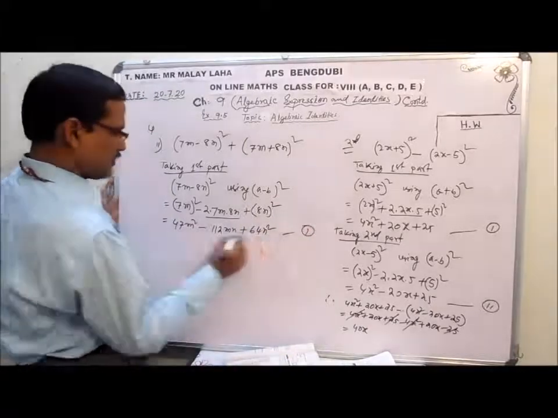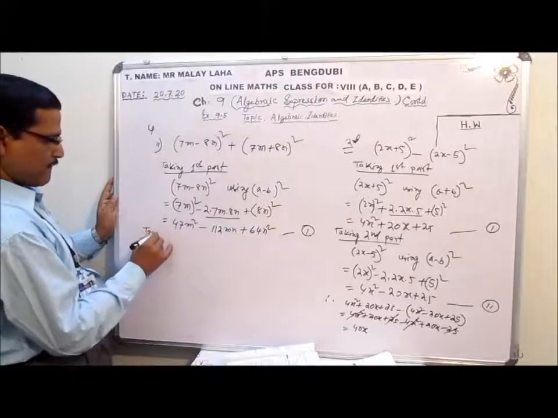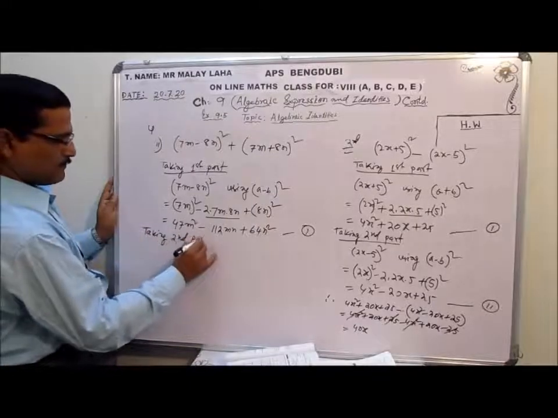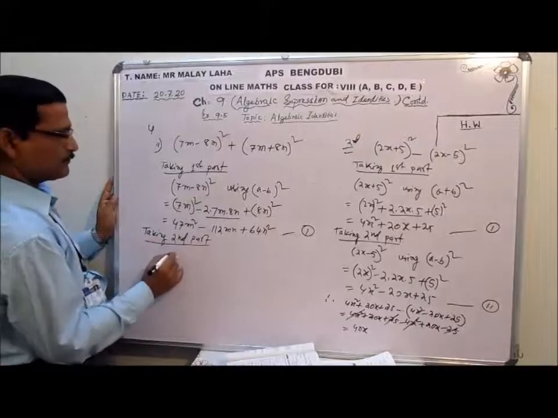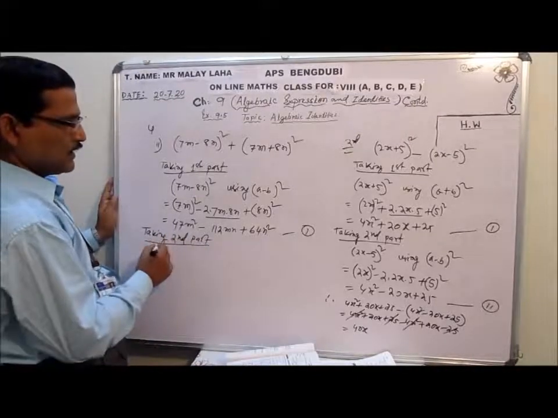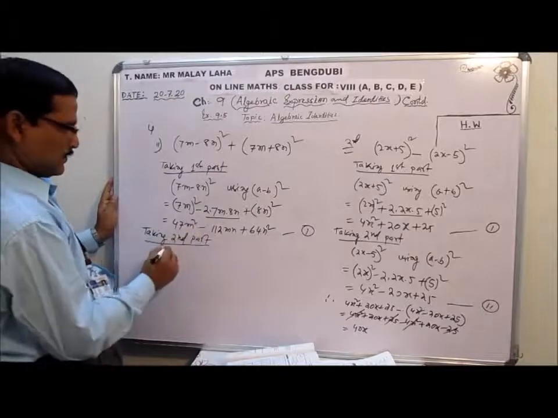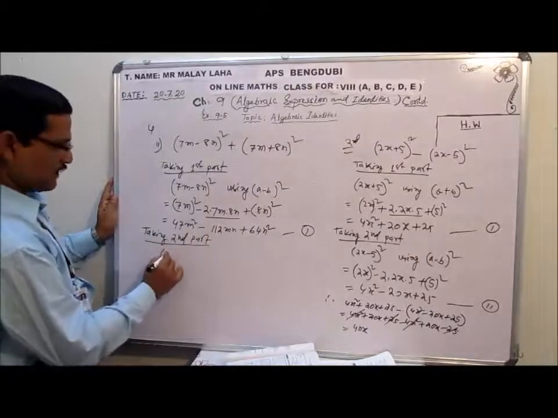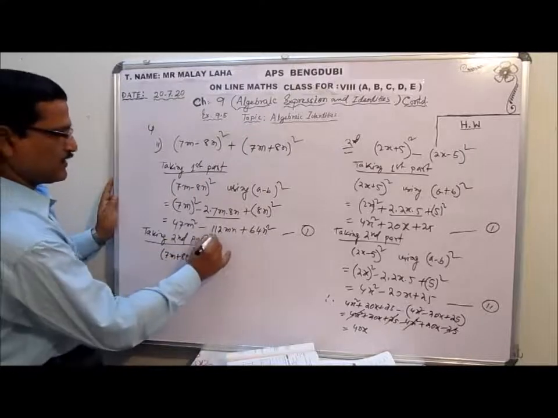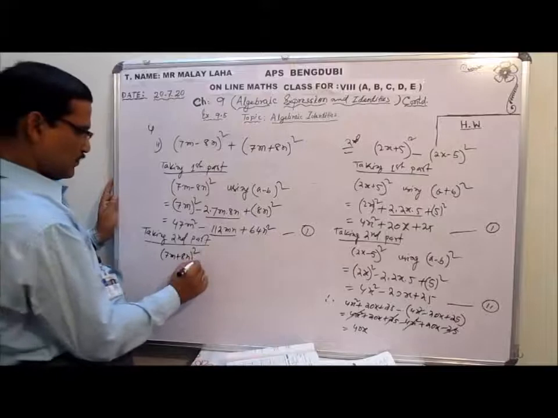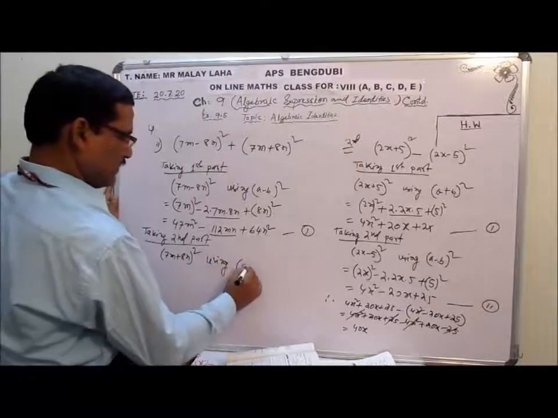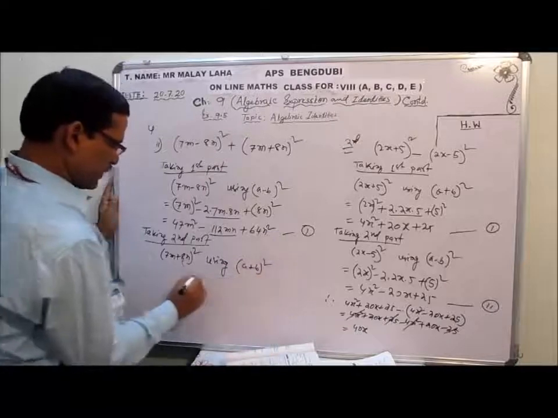This is part 1. Taking second part, 7m plus 8n whole square. You will check this multiplication whole square using a plus b whole square.